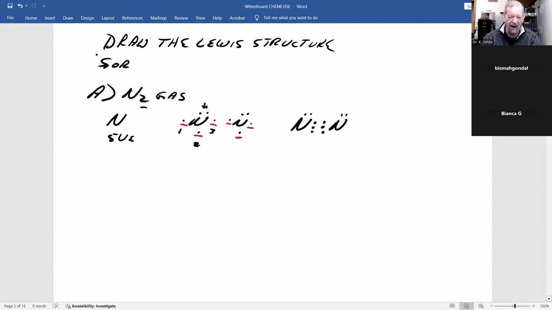And what kind of covalent bond holds the 2 nitrogen atoms together in nitrogen gas? Well, that's 3 pairs of electrons being shared, and 3 pairs of electrons is a triple bond.